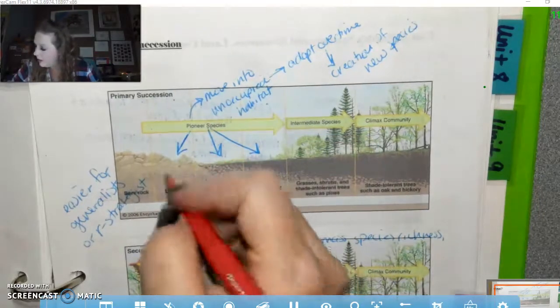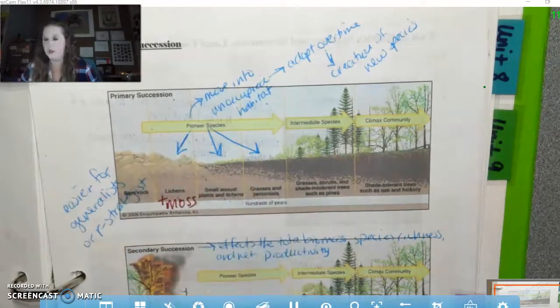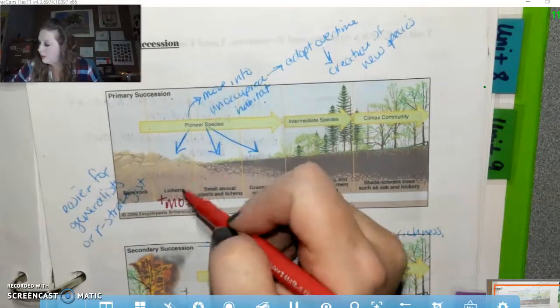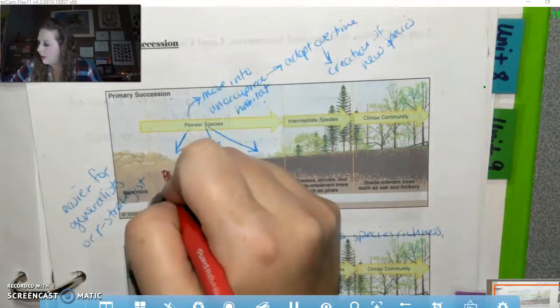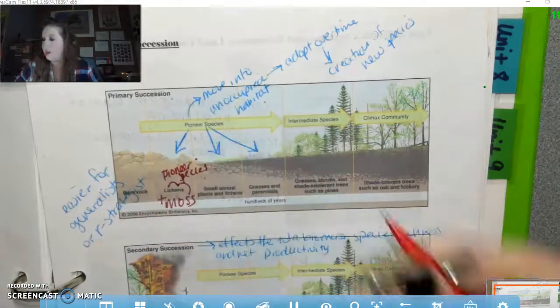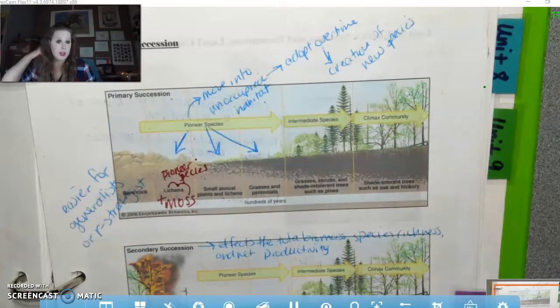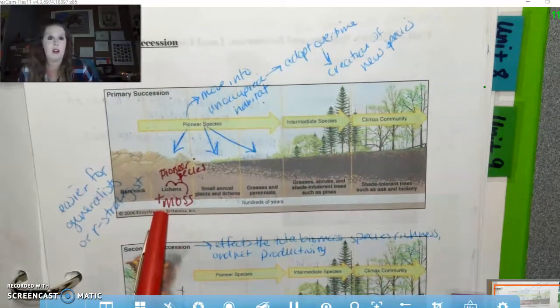So we have lichens and we have moss. These two are collectively called pioneer species. They're called pioneer species because they are the first organisms to live in this environment.